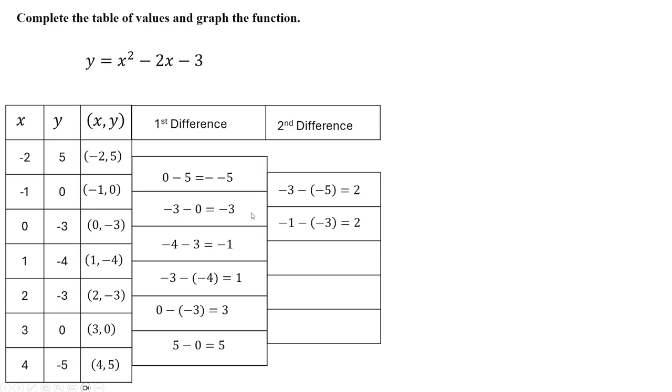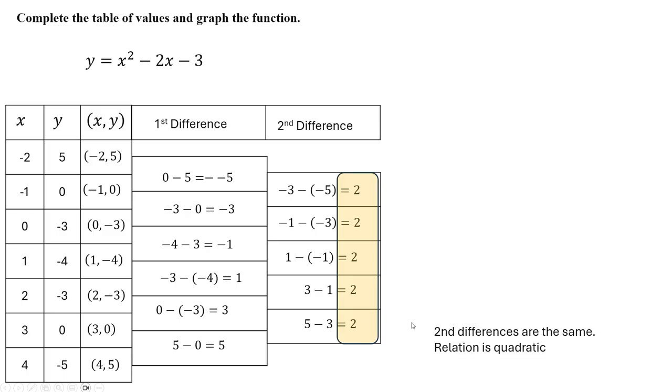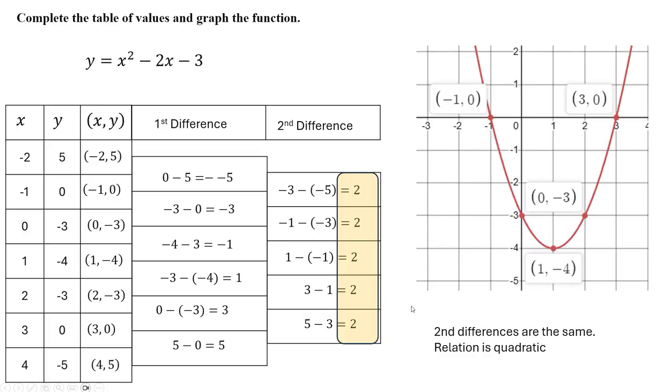Negative 1 minus negative 3 is 2. 1 minus negative 1 is also 2, as are the remaining ones. So our second differences are all the same, which tells us that our relation is a quadratic. And when we see it graphed, we can see our familiar parabola.